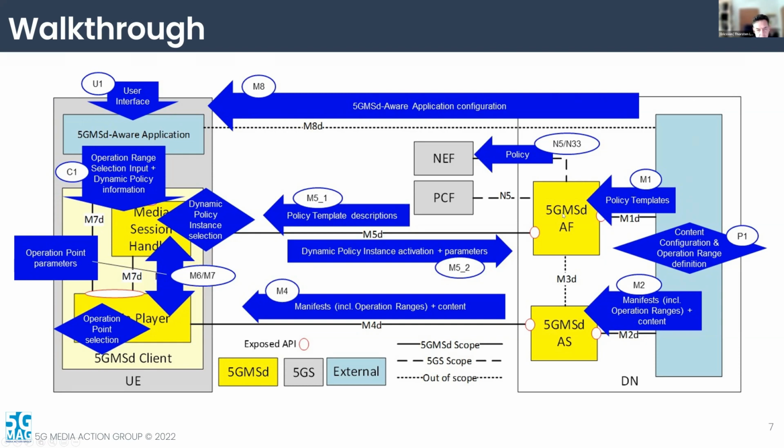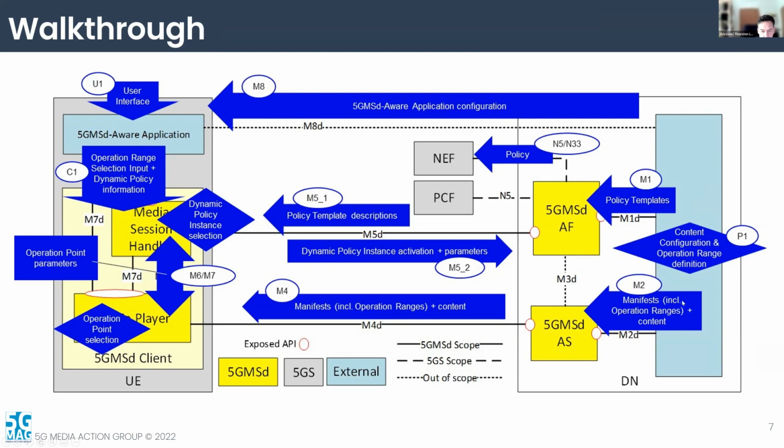Then in this step, the system needs to get provisioned to understand the relation of what quality of service to ask for when a certain quality representation is requested. For instance, when the HD quality representation or the HD quality subscription is requested, then of course a certain network policy should be activated towards a 5G system.